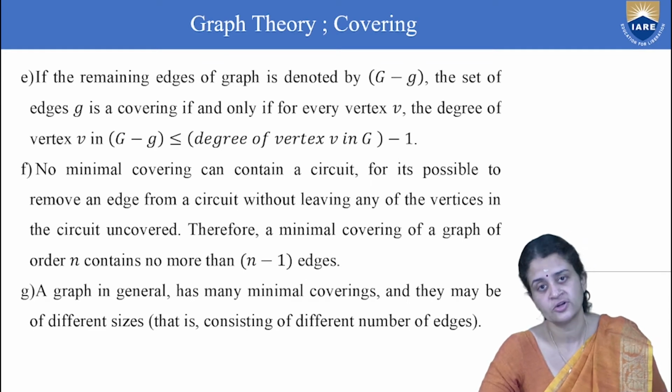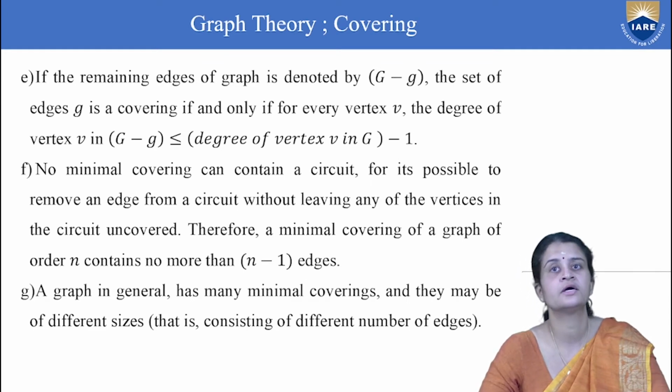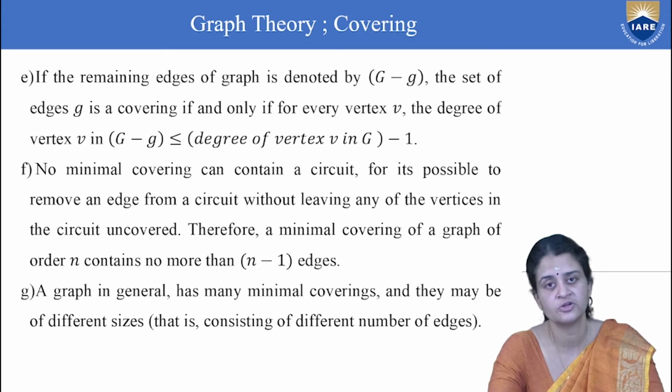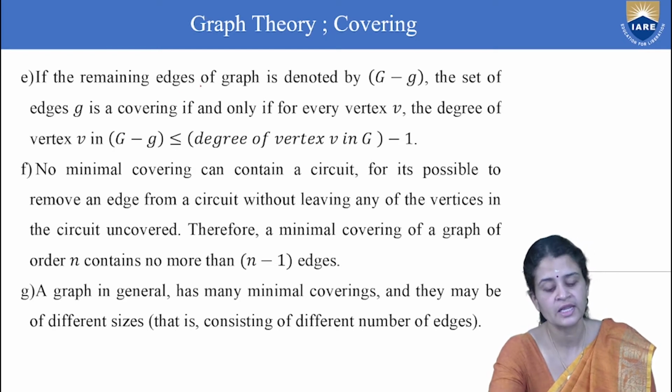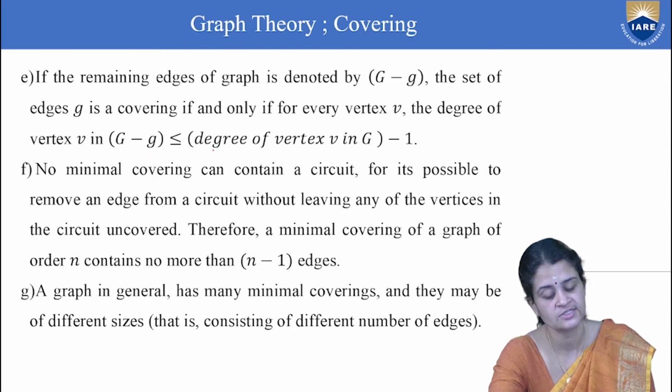If we are taking a set of edges small g, we will see what the condition of the remaining set of edges is. If the remaining edges are denoted by G minus g, the set of edges g is a covering if and only if for every vertex v, the degree of vertex v in G minus g is less than or equal to the degree of vertex v in G minus 1. Why?